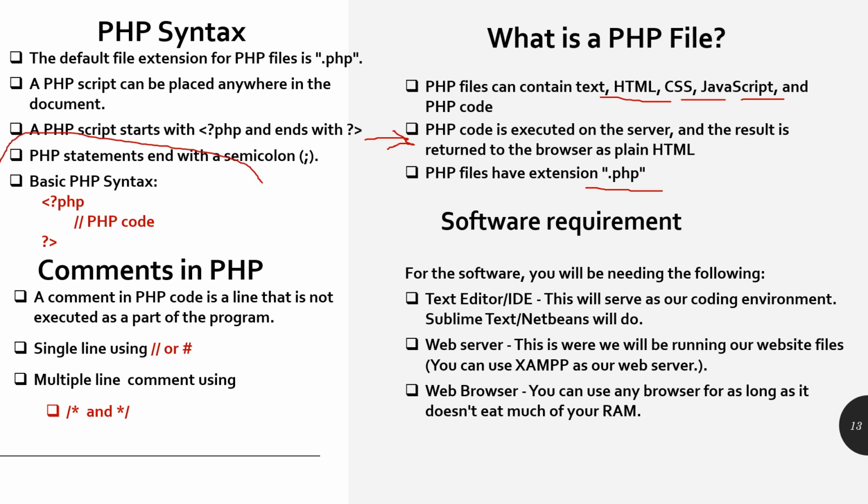You just start with this tag, write whatever PHP code you want, and close the tag. In between the HTML, just open this tag, write the PHP code and close the tag. That way the PHP code will be executed.